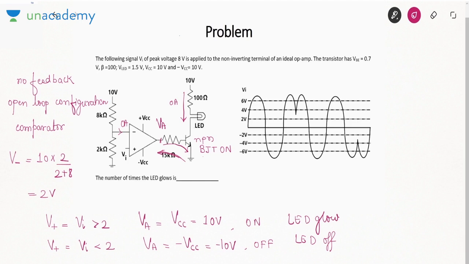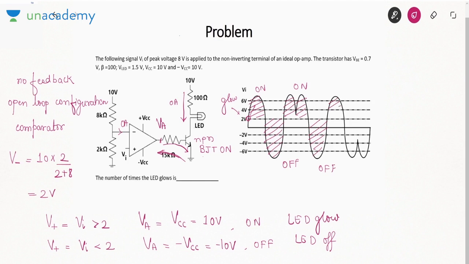So let us see how many times the input voltage crosses 2 volt. It goes above 2 volt. Okay, so here it will glow. In this region it will remain on till Vi is greater than 2. Now once it becomes less than 2, it will become off. Then when it is greater than 2 again, it will again become on. When it is again less than 2, it will become off.